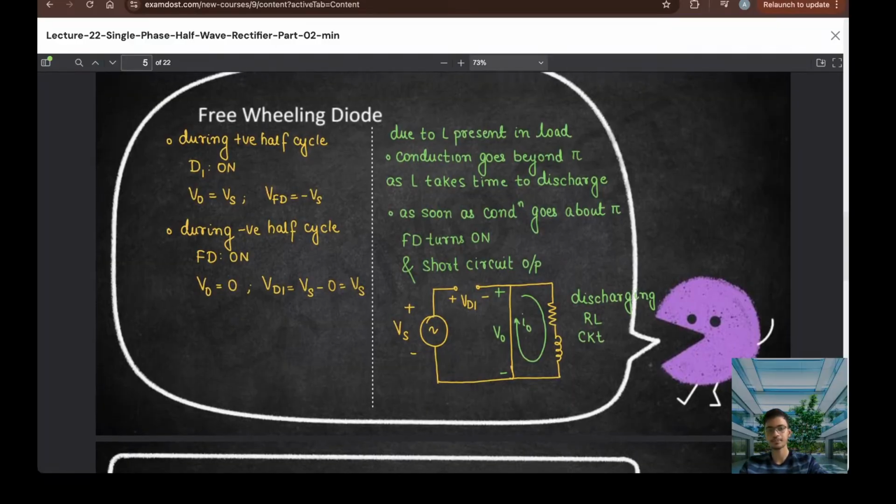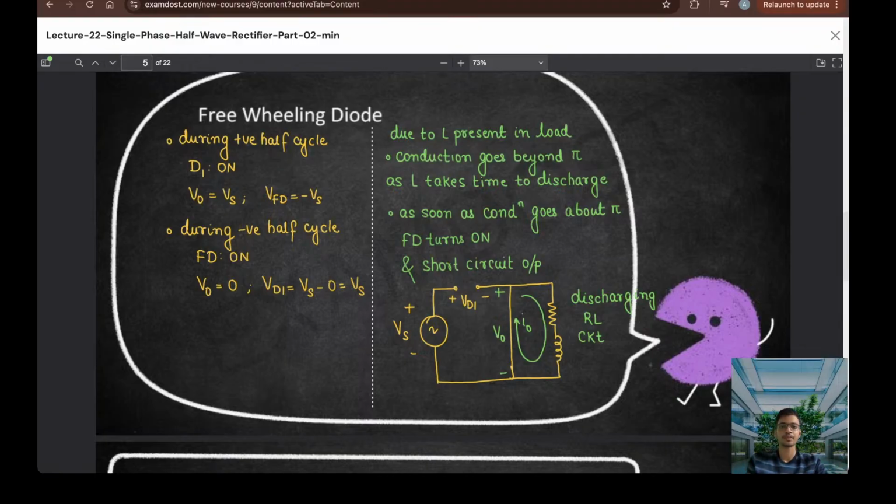So in the normal RL circuit, due to the inductor it will take time to discharge, so the extinction of current is beyond pi, that is beta is beyond pi. But here, due to the freewheeling diode, beyond pi the freewheeling diode starts conducting and the output voltage will be 0.